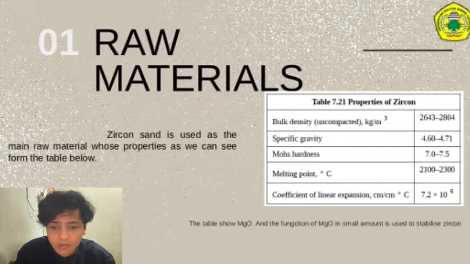Mohs hardness 7.0 to 7.5. Melting point is 2,010 to 2,030 degrees Celsius, and the coefficient of linear expansion is 7.2 multiplied by 10 to the power of 6.